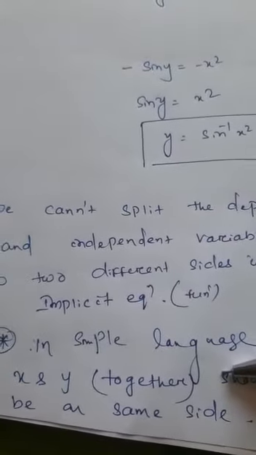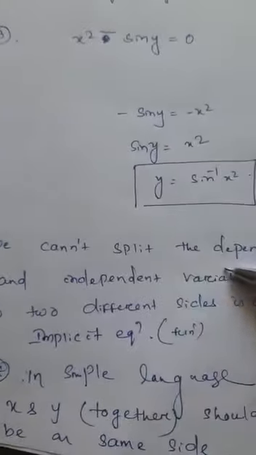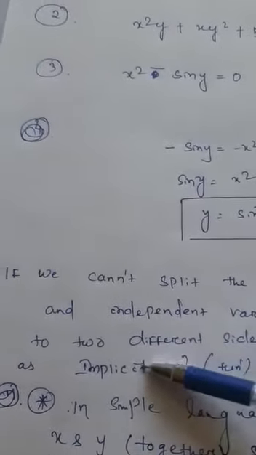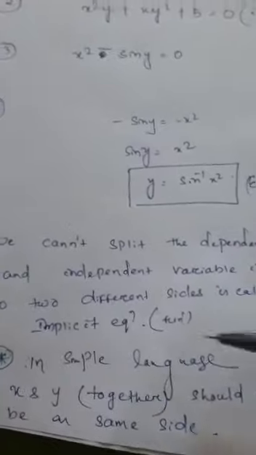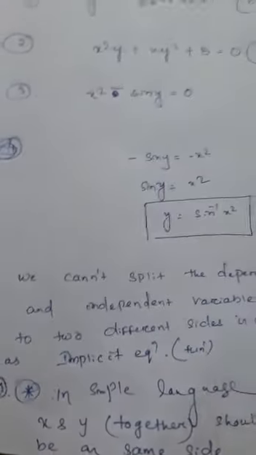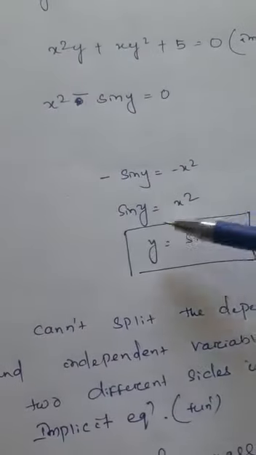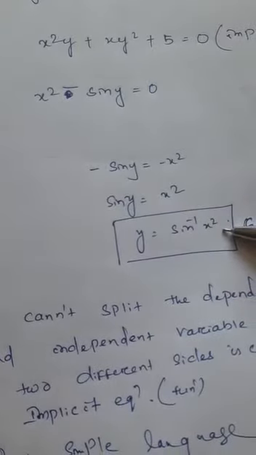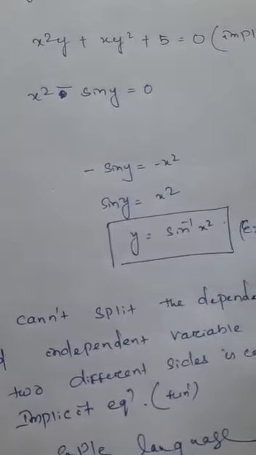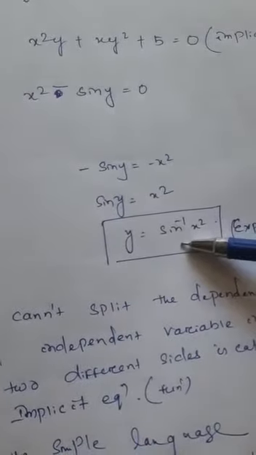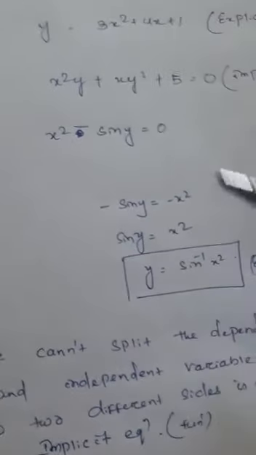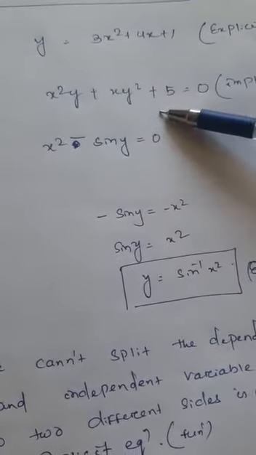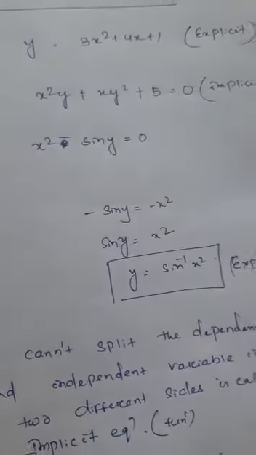If we cannot split the dependent variable and independent variable into two different sides, this is called the implicit equation. And if we can split the dependent variable and independent variable into two different sides, then it is the case of explicit equation.